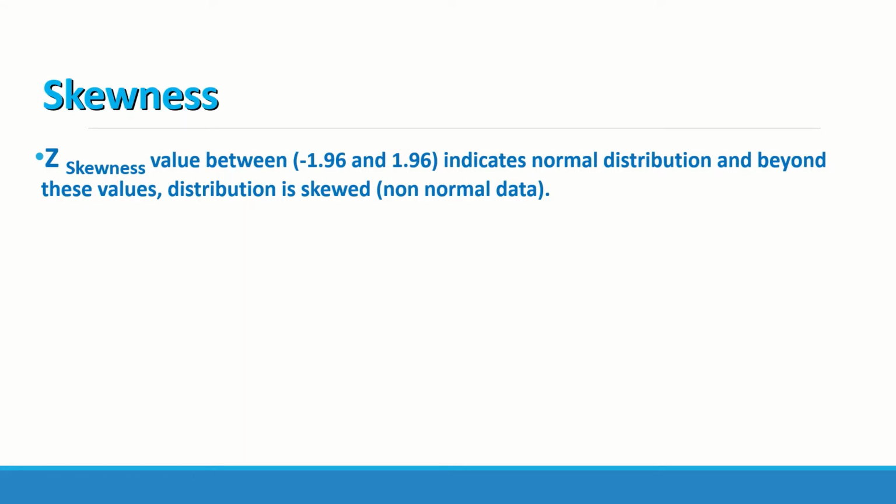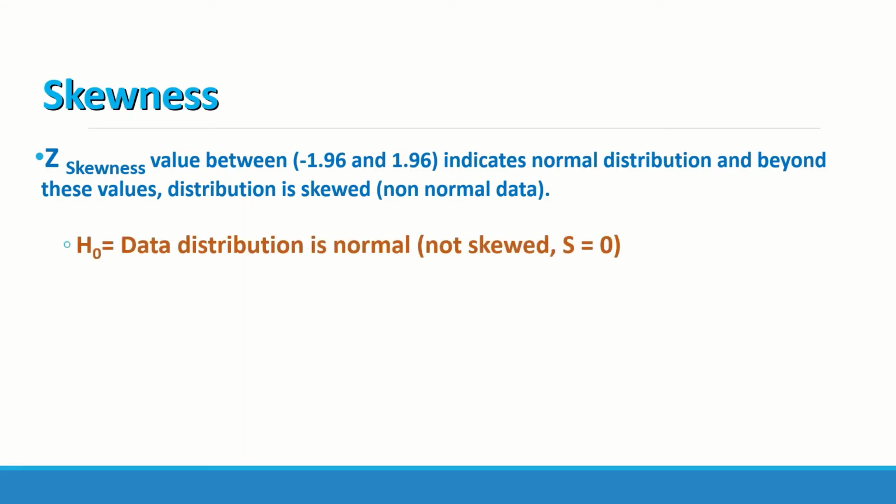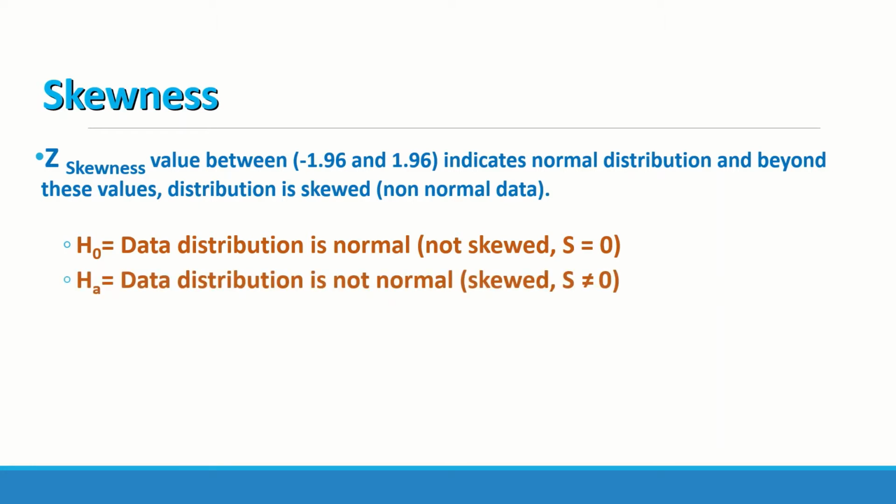For purposes of hypothesis generation, the null hypothesis in this situation will be that the data distribution is normal, so the data are not skewed, so S equals 0. And the alternative hypothesis is that the data distribution is not normal, the data are skewed, and S is not equal to 0.